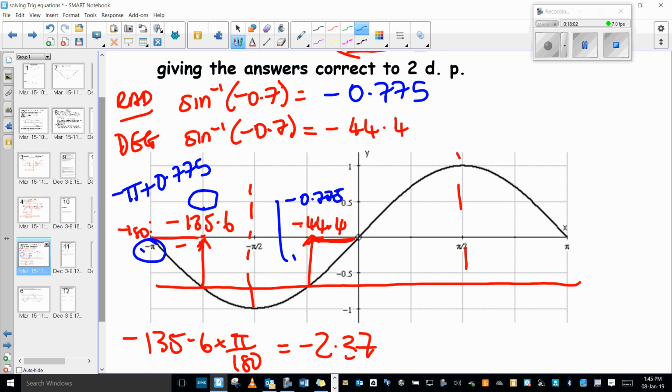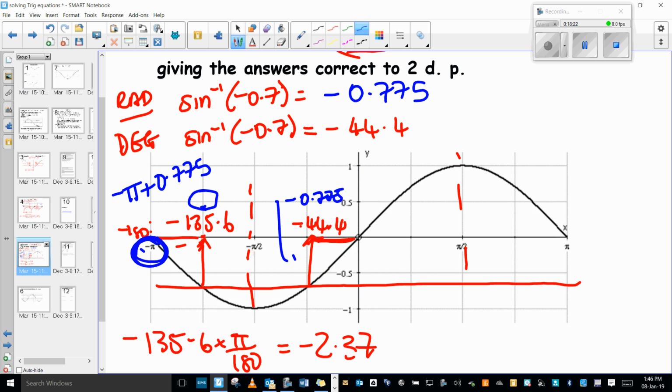So we're in radians. We did sine to the minus 1 of negative 0.7, and we got negative 0.775. We now need to find this value. So this is negative pi, so we're going to stick into our calcs negative pi, but we need to work out what value is here.